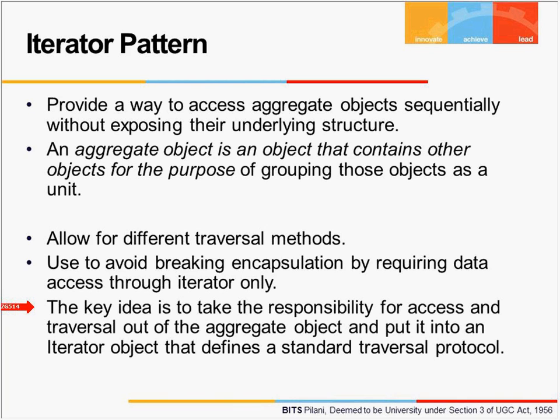The aggregate object does only store the objects and does not take care of the iteration part. The iteration or traversal of the aggregate object is done by a separate object.